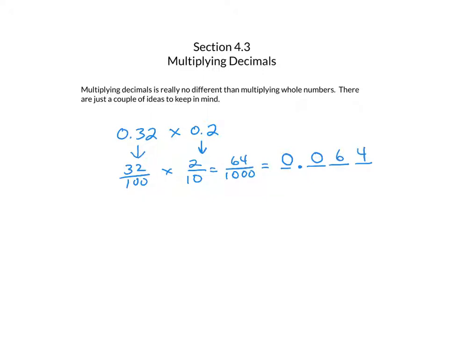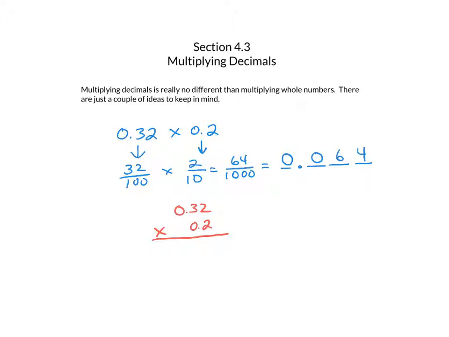So when we go through and multiply this as decimals, here it is written as decimals, 0.32 times 0.2. The very first thing you're going to notice is that I did not line up the decimal points. You don't need to line up the decimal points as you multiply decimals, because you're going to figure out where the decimal point goes at the end.